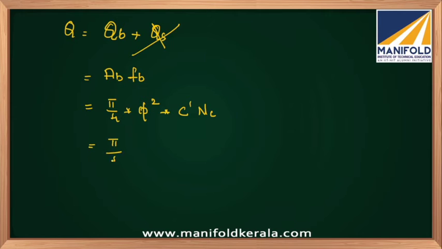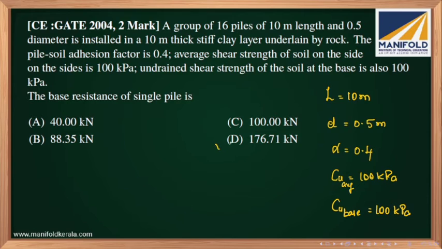So the cohesion of the soil at the base of the pile was given as 100, and the corresponding bearing capacity factor, so for a pile it has to be 9. So this value you want to remember. This 9 they won't give at all. If you simplify this, you will be getting an answer of 176.71 kilonewton. So it is option D. So these are very simple.